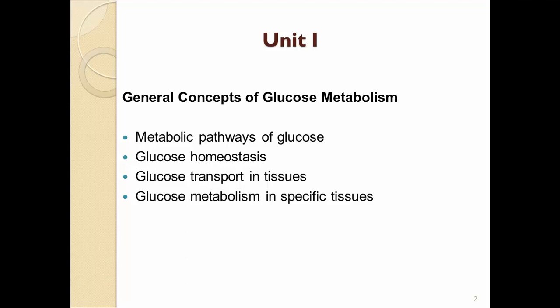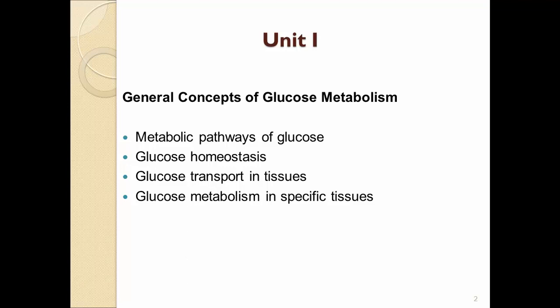And we wanted to talk about the glucose metabolism in specific tissues because different tissues have different functions or they metabolize glucose differently, right? For example, liver versus the adipose tissue, right?